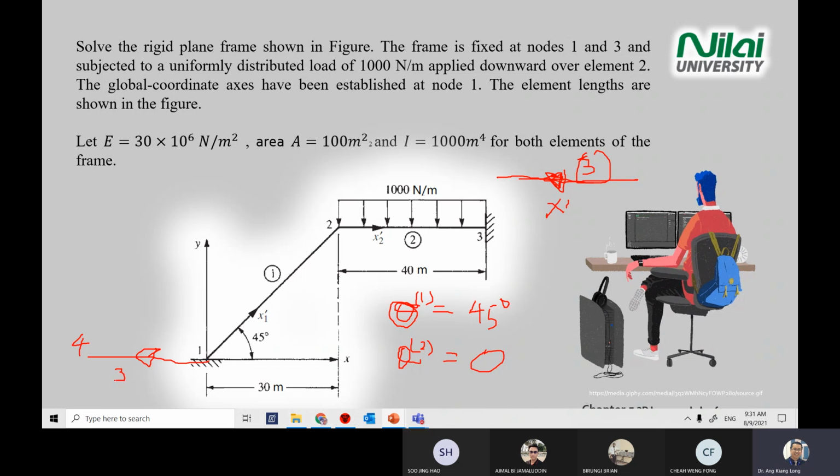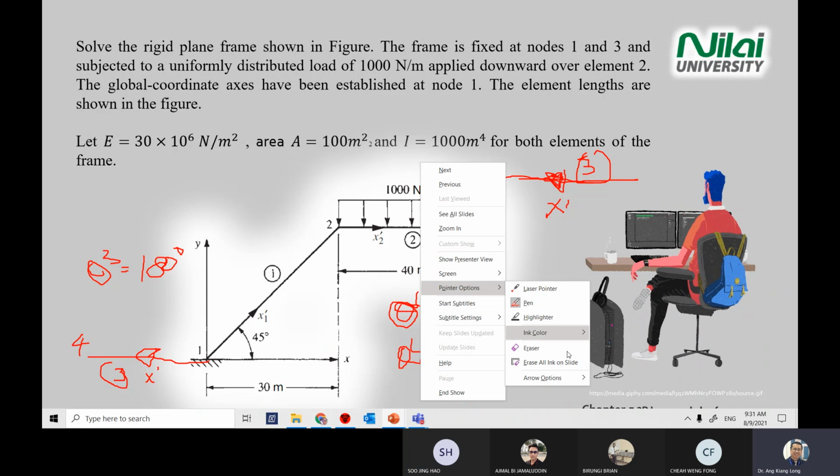This is your element 3. Ashma, what is the angle of element 3? 180. Correct. Okay, Ashma, it seems you understand already. So you understand, right? Why 180, if I add in element 3? Yes, I understand. Okay, good.